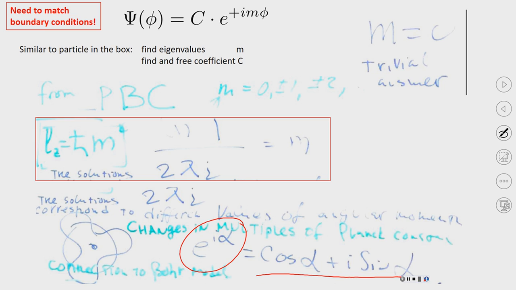So cosine of 2 pi m plus i sine 2 pi m equals 1 plus i multiplied by 0. So you can solve either that cosine 2 pi m equals 1 or sine 2 pi m equals 0.